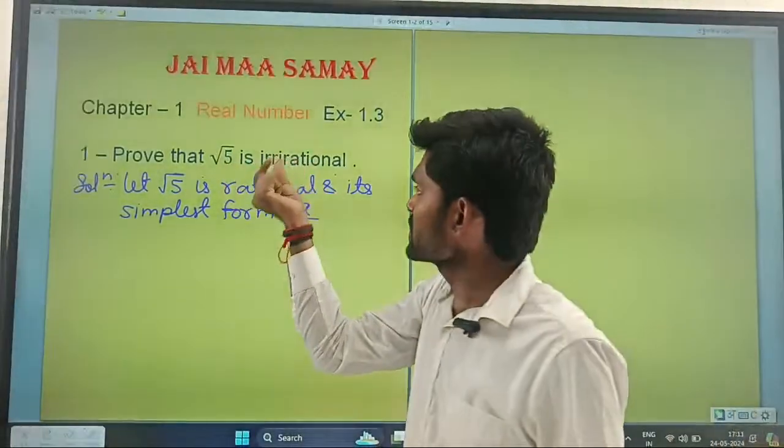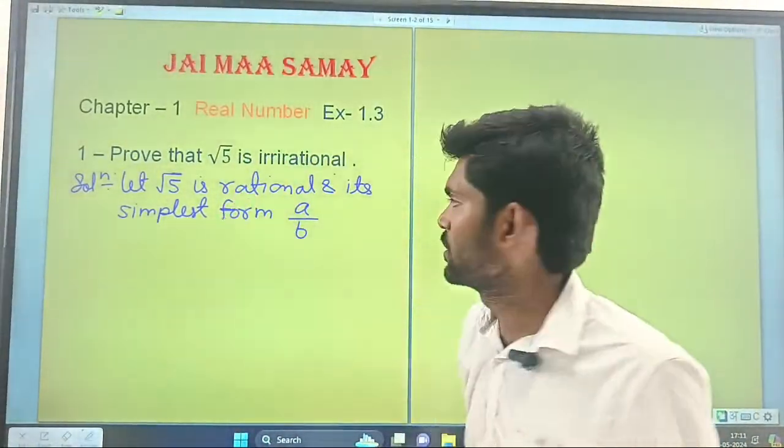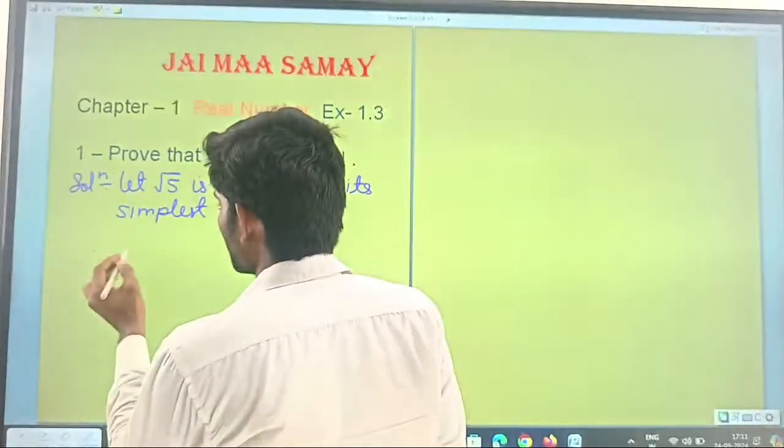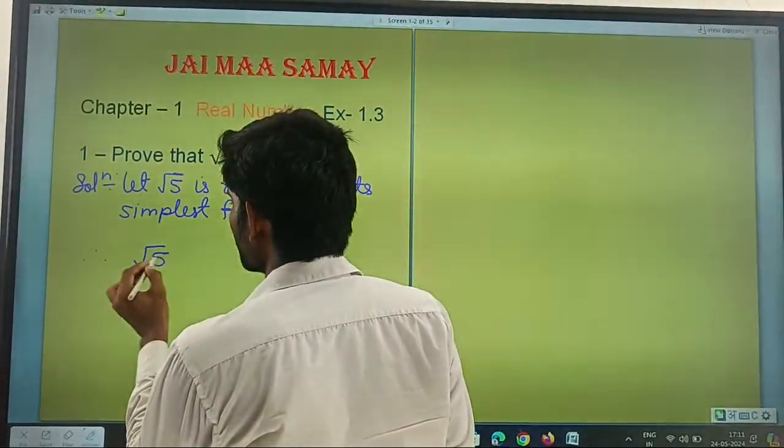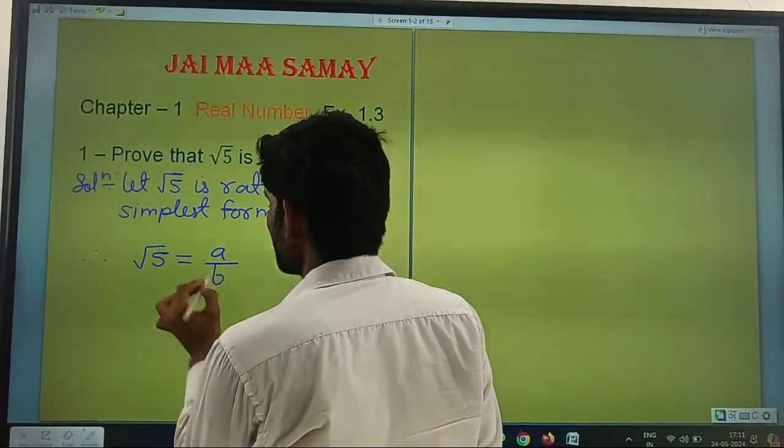It is irrational, but we suppose it is rational. Then under root 5 equals A upon B.